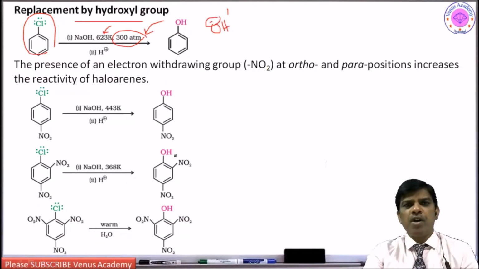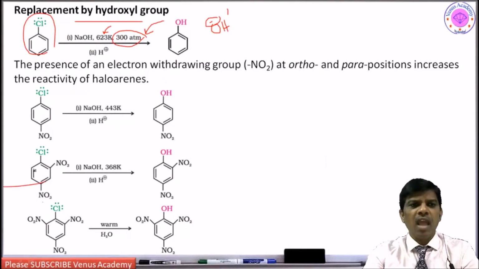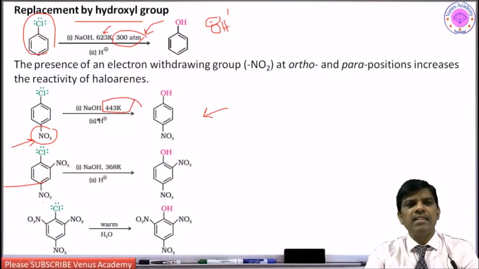To make it possible at a low temperature, haloarenes are substituted with a nitro group, either ortho or para. It is going to undergo this nucleophilic substitution very easily. For example, when substituted at the para position, the temperature is 443 K, which is around 150 degrees centigrade.